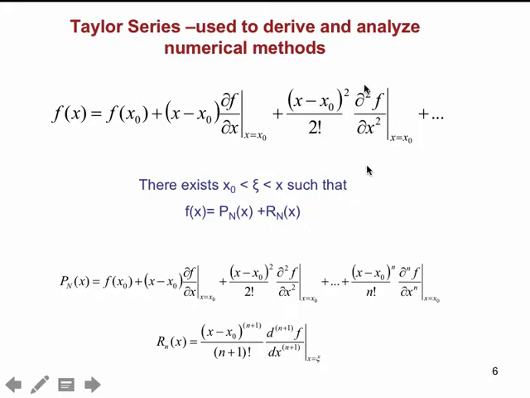You also have the second order derivative, and then there would be a third order derivative, and so forth. Now these parts here, especially as I'm getting closer and closer to x0, this number is going to be a small number squared versus that same small number. So these parts will be smaller and smaller and smaller as I get closer to x0.